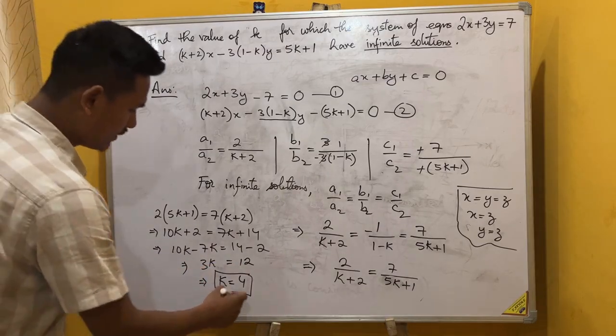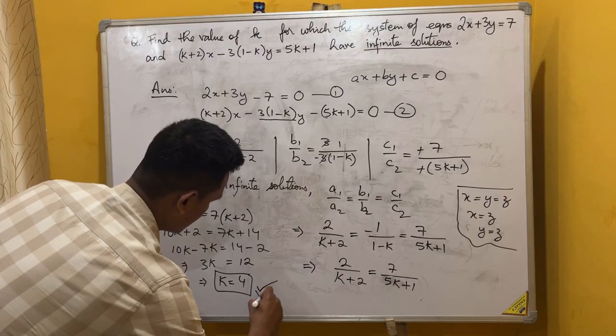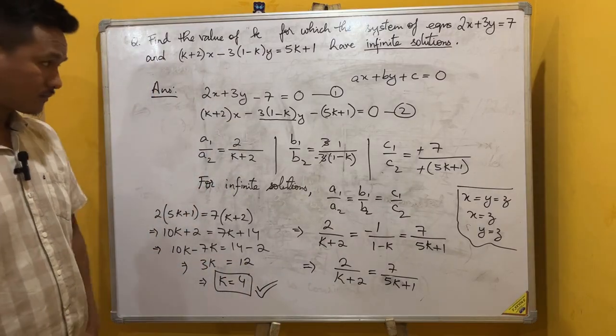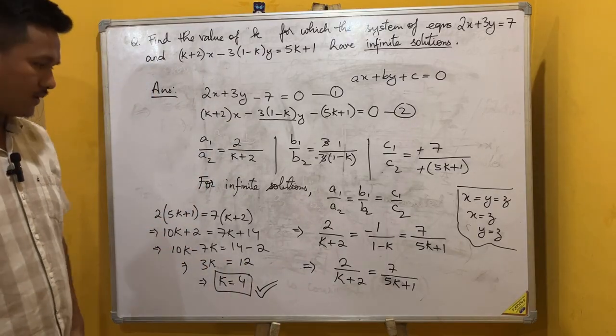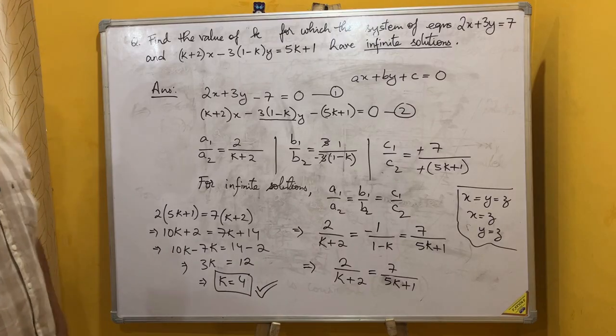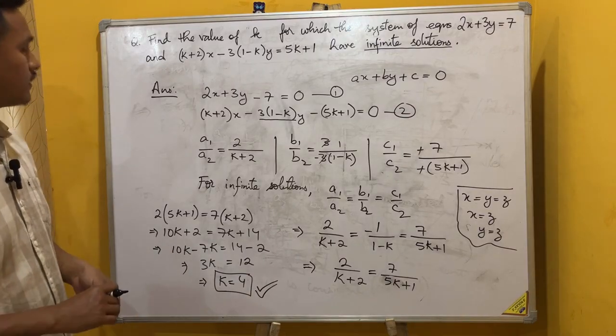So k's value is 4. This is the answer. I hope you understood how it's done. Okay, now we will go with another question.